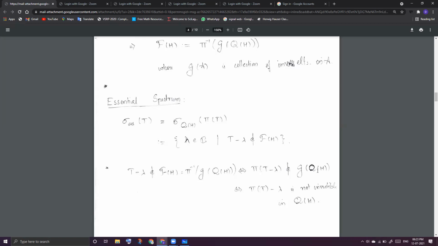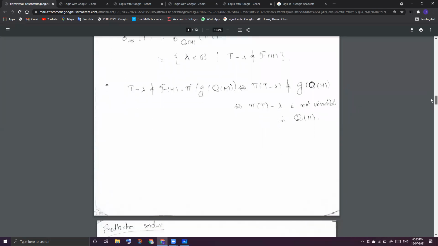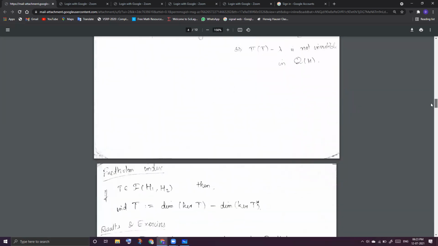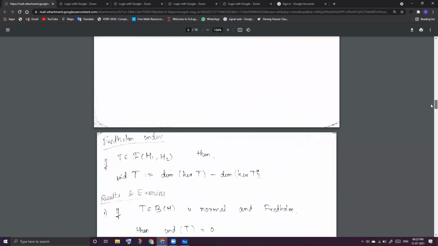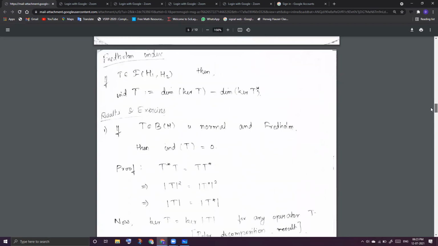This does not belong to G(Q(H)) means pi of T minus lambda is not invertible in the Calkin algebra. Yeah, so the Calkin algebra is a C-star algebra, but we haven't proved that in the textbook. The C-star structure, how does the involution structure come in? What I just mentioned.